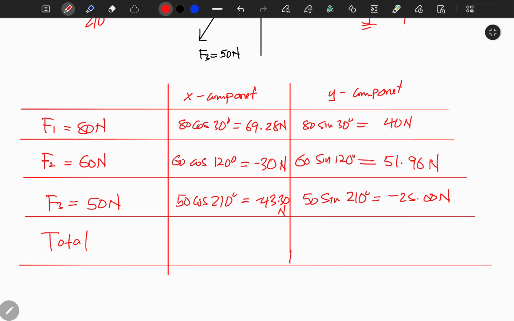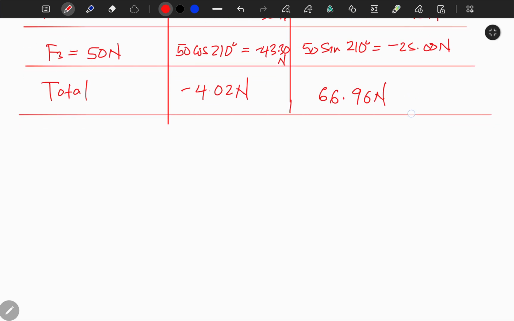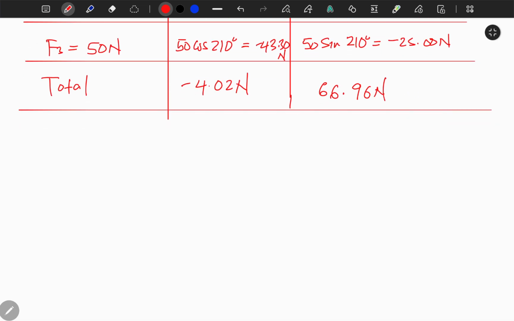So I'm getting negative 4.02 newtons. Let's also add here. I'm getting 66.96 newtons. All right. Now it's time for the resultant, R or F, since those are forces. It will be the root of the x component squared plus the y component squared.